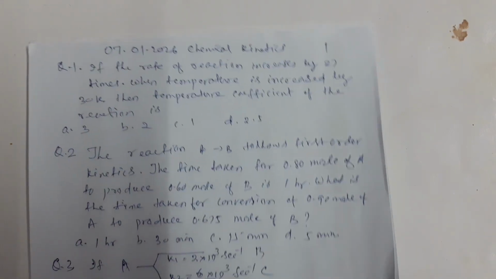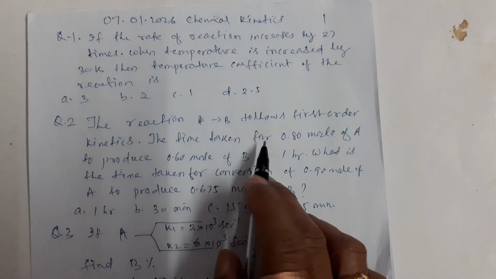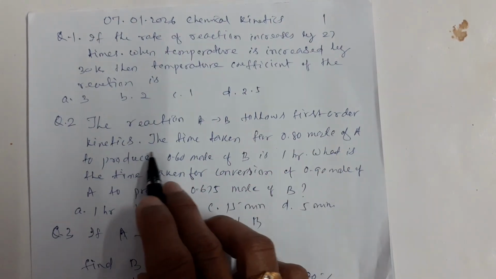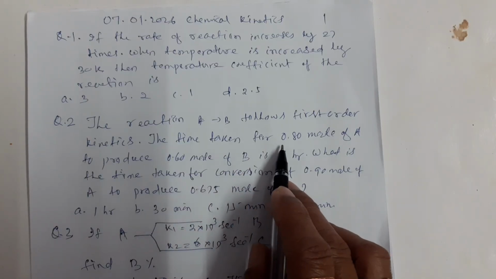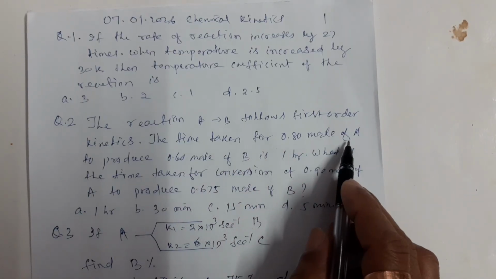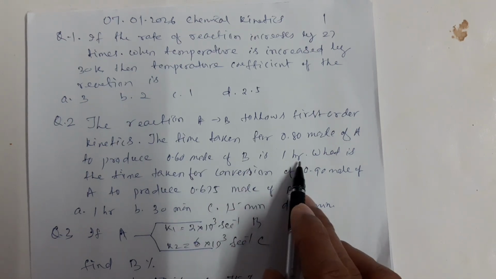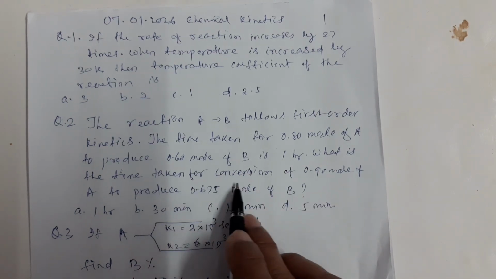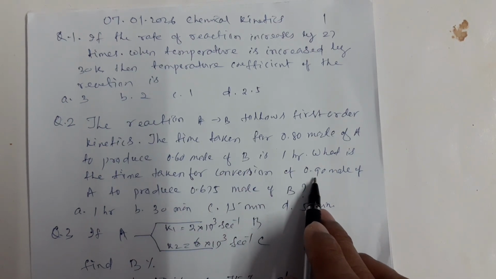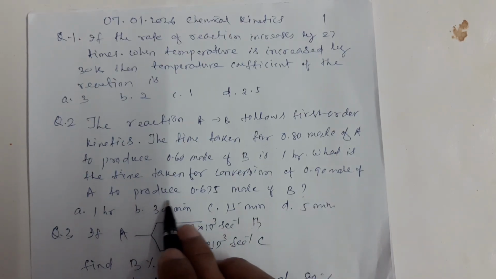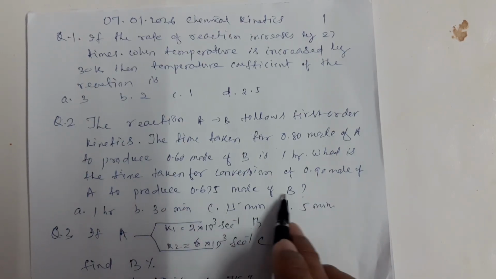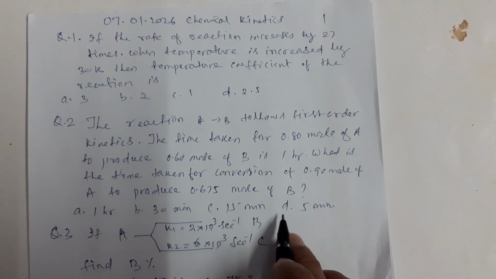Next, the reaction A to B follows first order kinetics. The time taken for 0.8 mole of A to produce 0.6 mole of B is 1 hour. What is the time taken for conversion of 0.9 mole of A to produce 0.675 mole of B? Okay, so here is a trick.